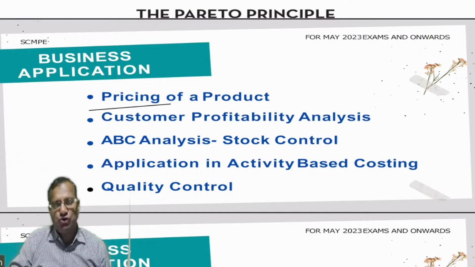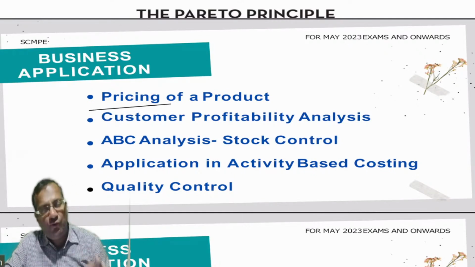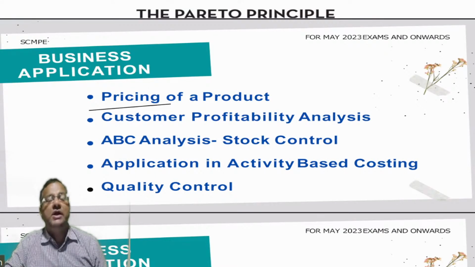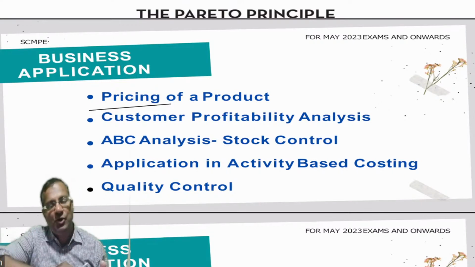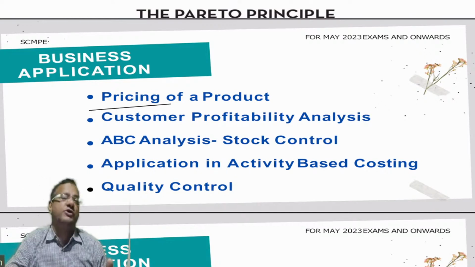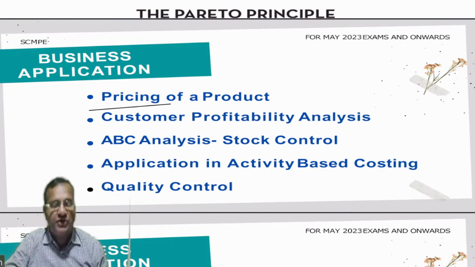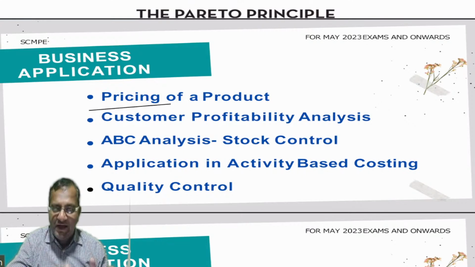But one thing is sure and logical, each and every product of the organization is not contributing equal turnover or equal profit. Some of the products, vital few, are contributing a larger proportion of the turnover, larger proportion of the profit. So 20 is 20% of the product, while 80 is 80% of turnover.